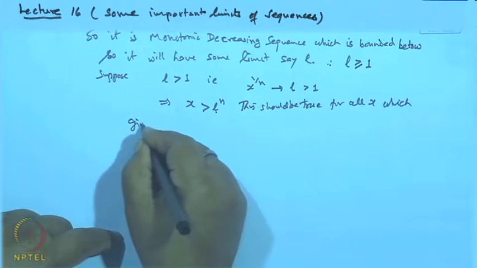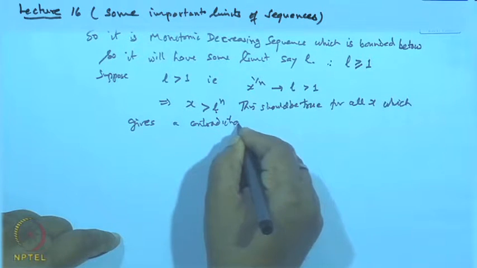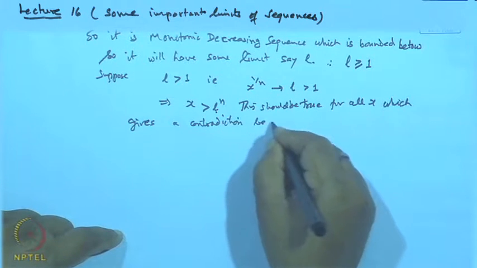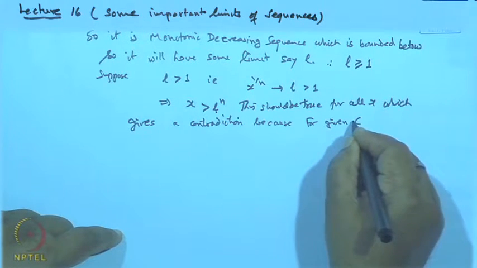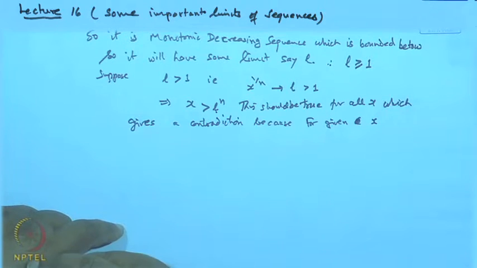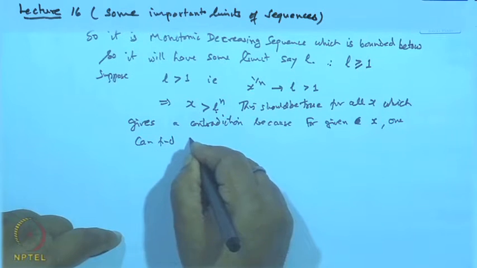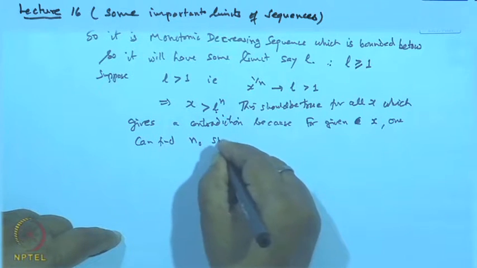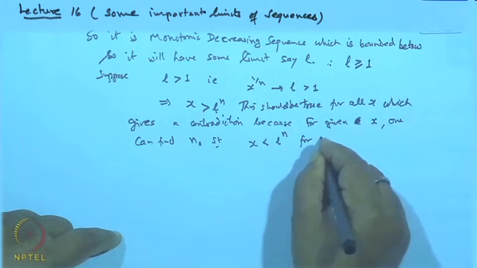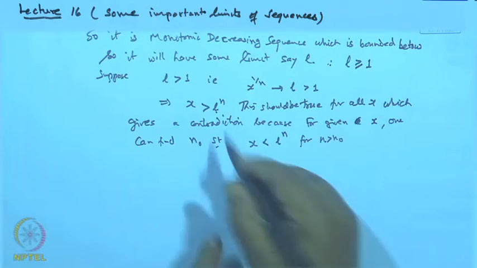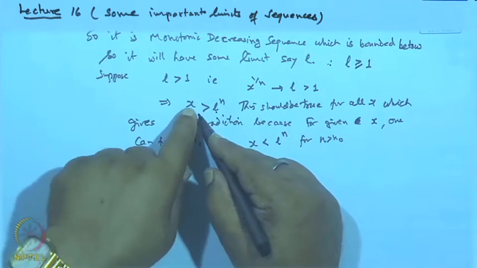Why a contradiction? Because for a given x, one can find n naught such that x will be strictly less than L to the power n for n greater than n naught, because the right hand side keeps on increasing, but the left hand side is fixed.